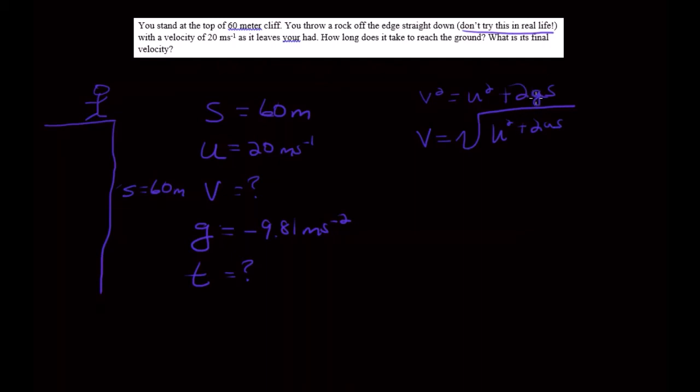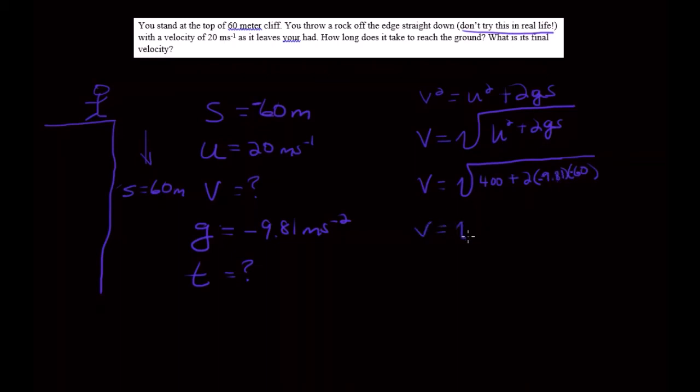And I should make this a G. All right, so V equals the square root of 20 squared, which is 400, plus 2 times 9.81 times 60. Now 60 is negative because it's down. So this is negative 9.81 times negative 60, which is going to equal a positive.